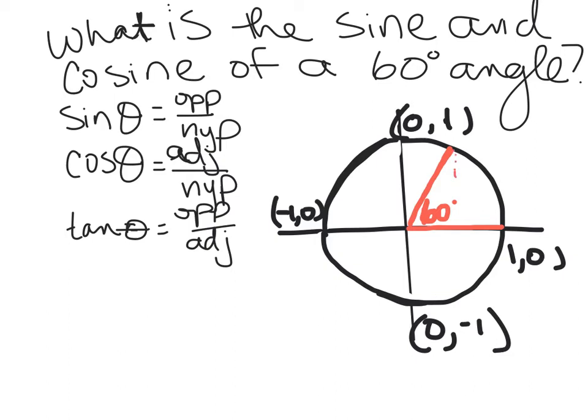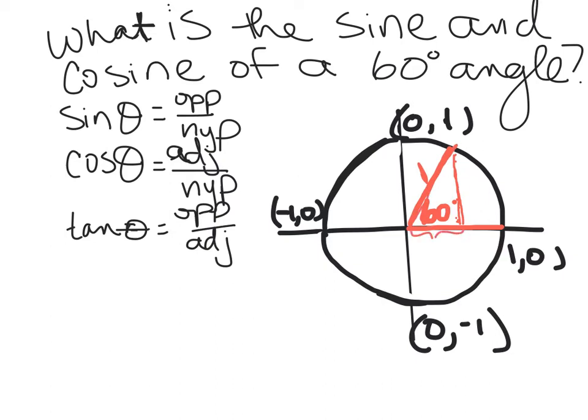So we imagine dropping this horizontal here. And I know I've got a 60-degree angle. So we want to use the fact that it's a right triangle in the unit circle. We know that our hypotenuse is 1 because our hypotenuse is a radius. So then we use that to help us find the other values.